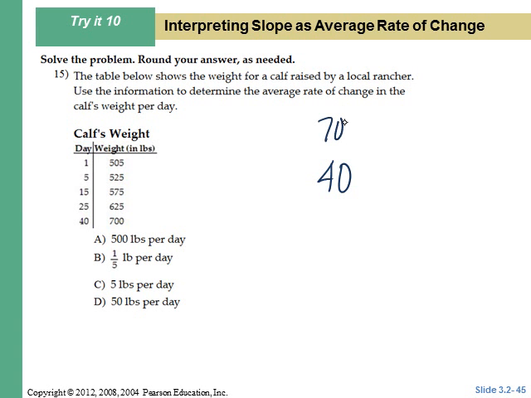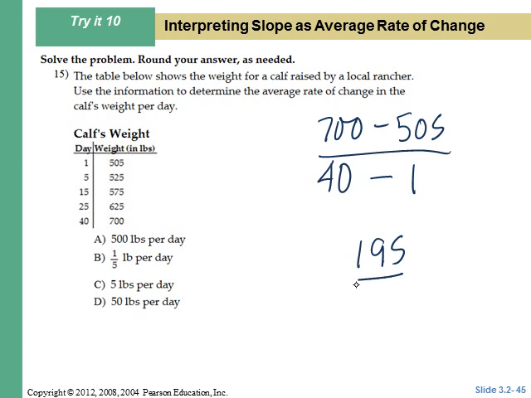So 700 minus 505 divided by 40 minus 1. 700 minus 505 is 195 divided by 39. 195 divided by 39 is about 5. So about 5 pounds per day.